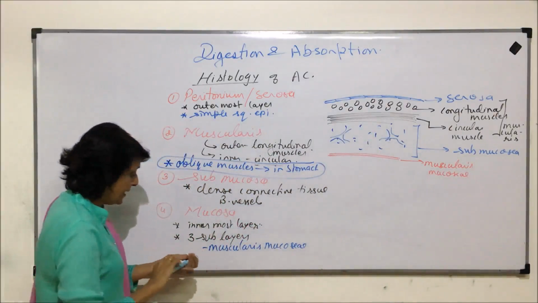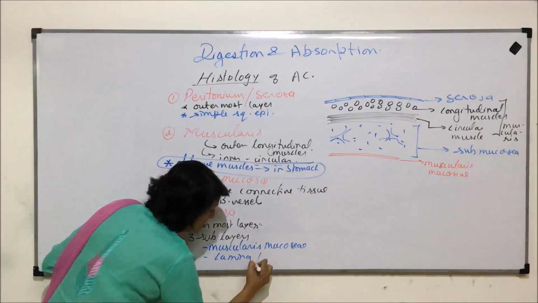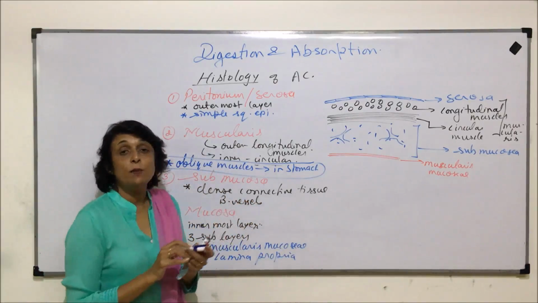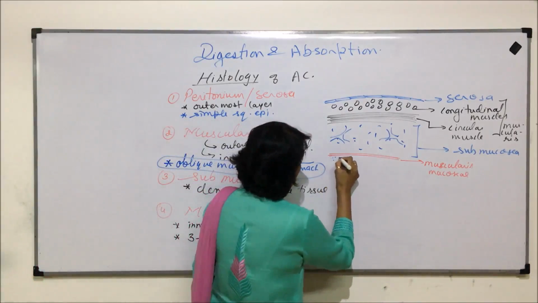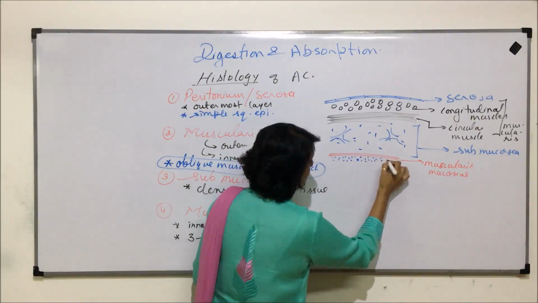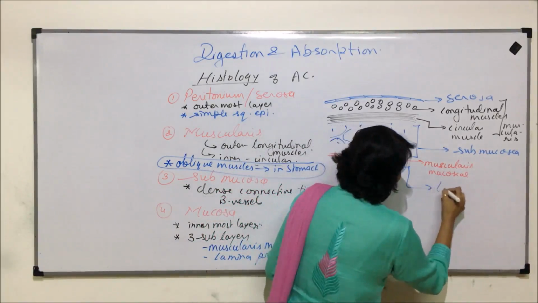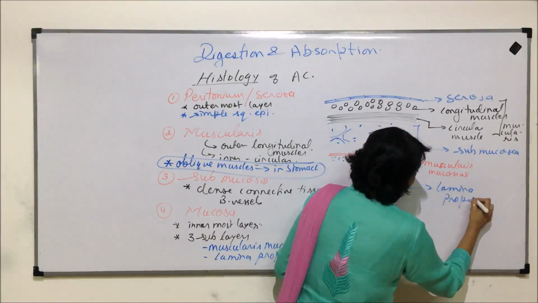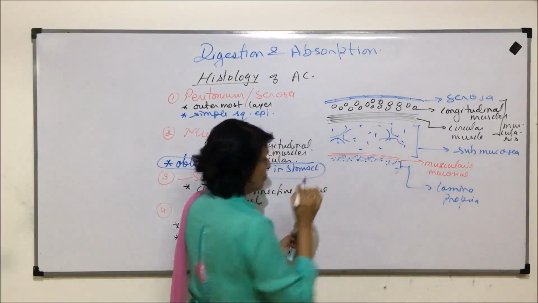Then the second layer is called lamina propria. This is made up of reticular tissue, and it again has connective tissue and blood vessels. So this becomes lamina propria. And reticular tissue, so we can draw the fibers also here.